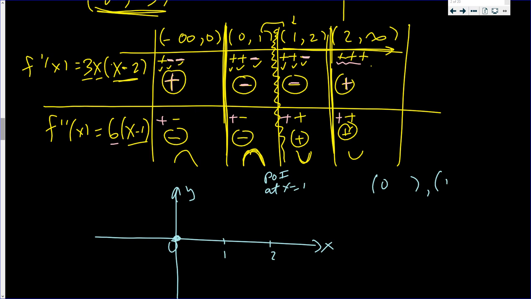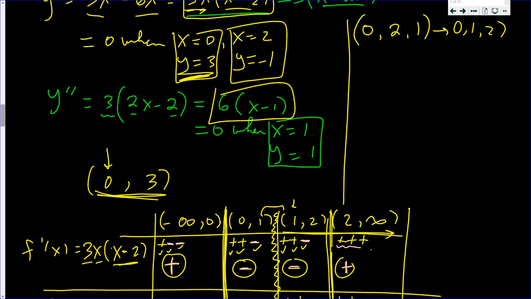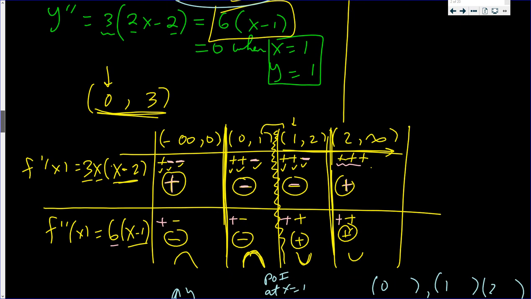When x is 1, what was the y value? And when x was 2, what is the y value? All right, let's do it this way. So we have 0, 3, and 2, negative 1. And for the second derivative, we came up with 1, 1.